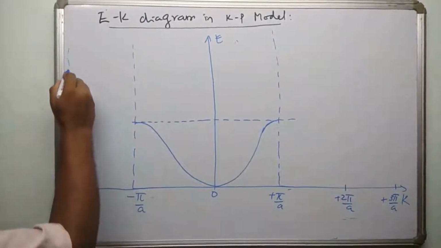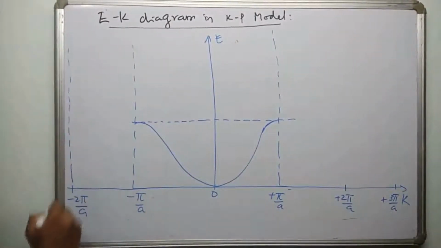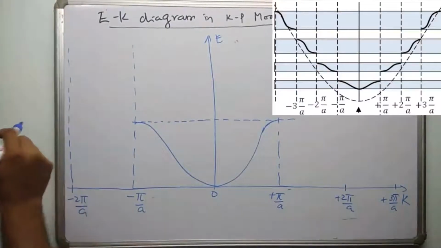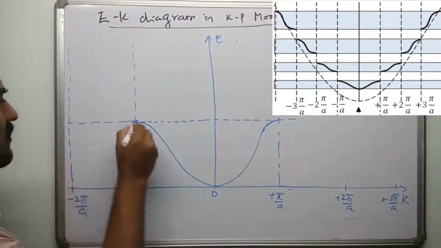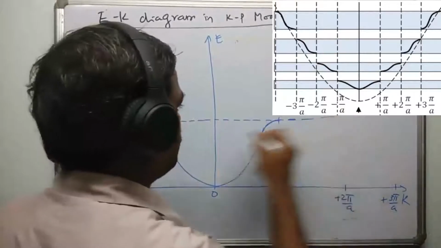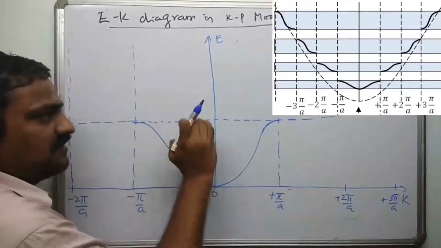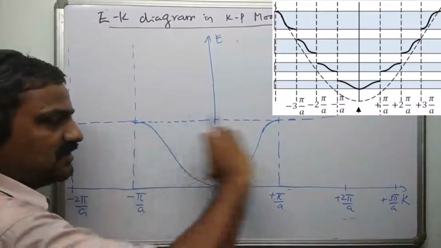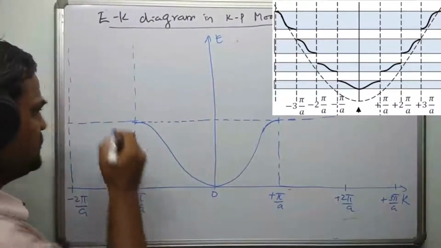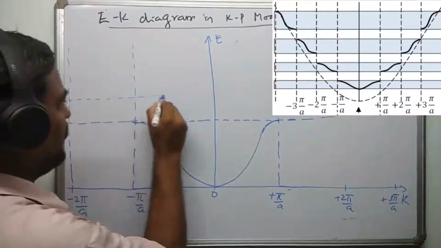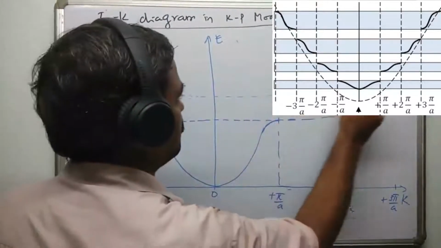If you restrict up to 2 pi by A, what you are going to see is this horizontal line shows a gap in energy, because this region, which is falling between the dashed line and the solid line, is one allowed band. Just above this, we had some gaps.